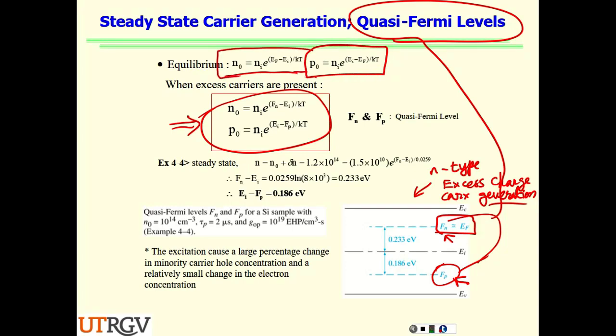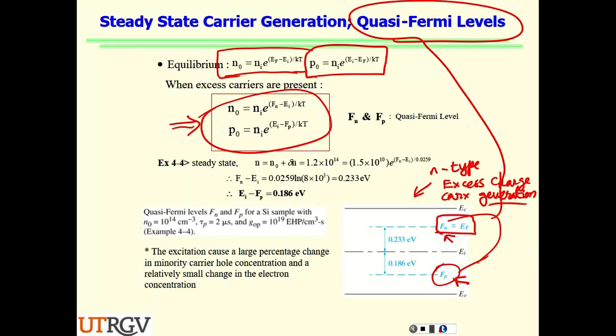And quasi-Fermi levels are introduced because we have steady state electron and hole generation happening, which has to be covered now by including Fermi levels close to both EC and EV. And in that case, these are called Fermi levels.